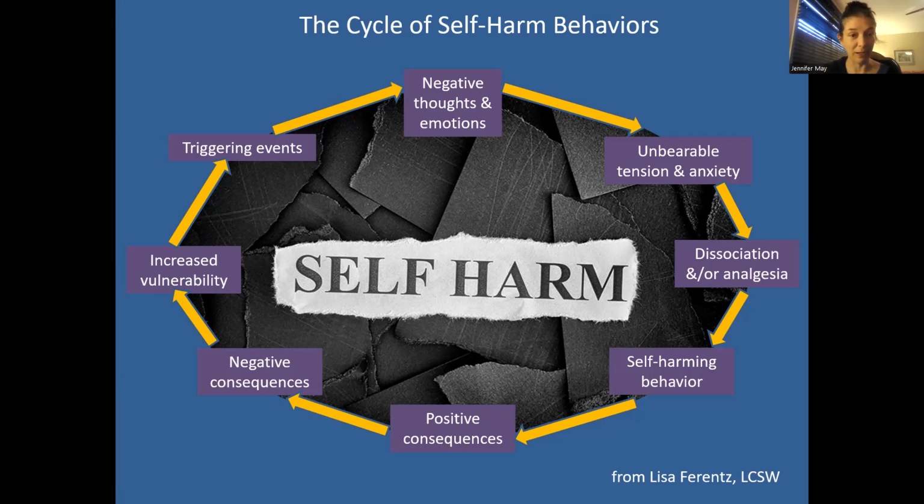If we start on the left, there's increased vulnerability. Vulnerability could include things such as an undercurrent of stress that's already been going on in your life. It could be physical pain, feeling sick, not eating well, not sleeping well, having other underlying conditions which increase your general stress level and make you more vulnerable to whatever the trigger happens to be for your self-harm.